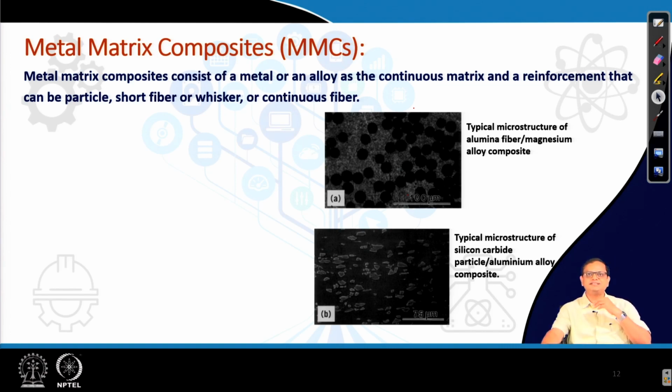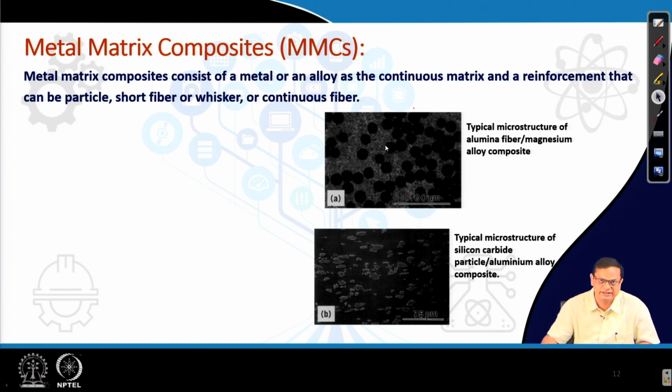You can see some examples here in these two microstructures. This is a typical microstructure of an alumina fiber reinforced magnesium alloy composite. You can see these circular cross sections; these are basically the cross sections of the fibers. The fibers are perpendicular to the screen in this particular case.